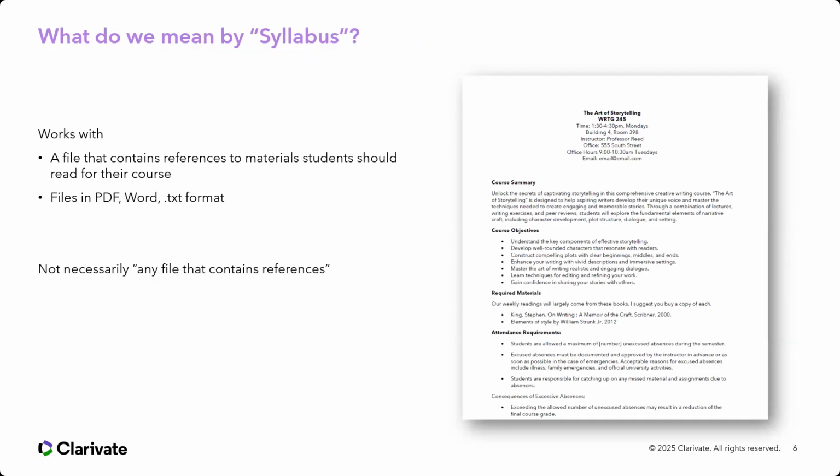But I do want to also talk a bit more about what we're talking about in the first place when we talk about a syllabus, because I know that this is not terminology that's used everywhere. So when we're talking about a syllabus, we're talking about a file that contains references to materials that students should read for their course, watch, listen to, the types of things that would belong on a Leganto resource list. It's specifically trained not to just look for everything.